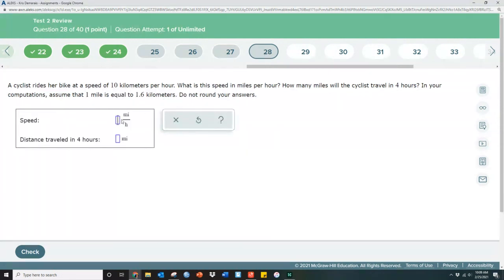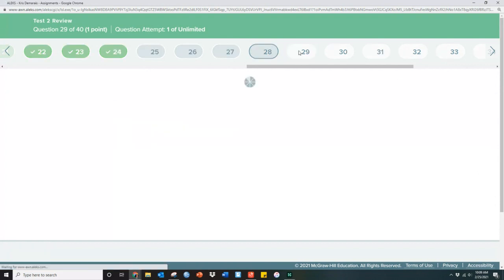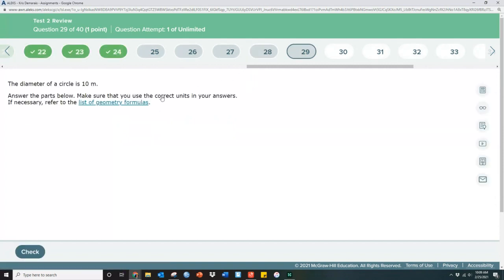All right. Here we've done something like this before. Now, this one, we have to change the kilometers to miles, and that's all we have to do. We don't have to change the seconds into minutes like we did in that one. So it's a lot the same. All right, we've done one with radius.